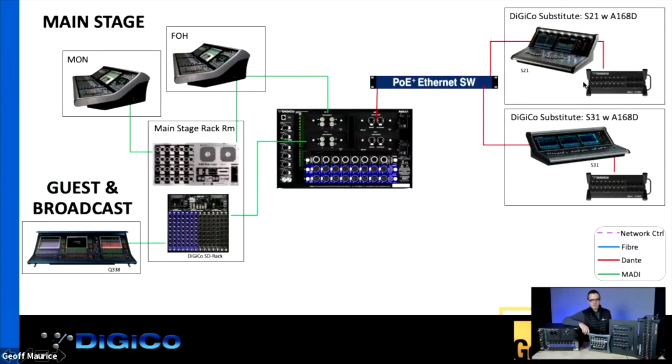So these guys obviously can locate and function totally independently with their own audio racks, but via Dante we can share that audio back to the Fourier 4 and have access to it on the SSL, or in the case of this Quantum 3 broadcast console or floater guest console, that could be used as well. So that's another way that we can basically bring all of these different protocols and different systems together.